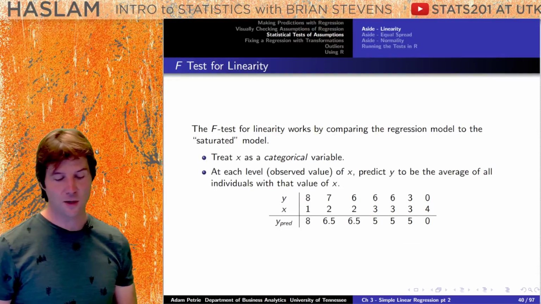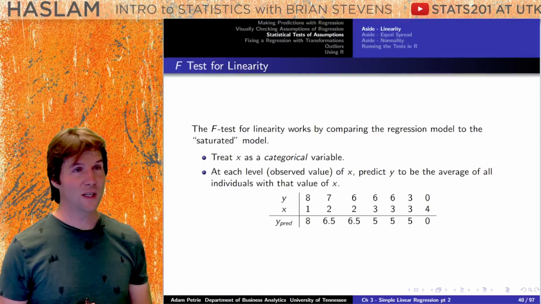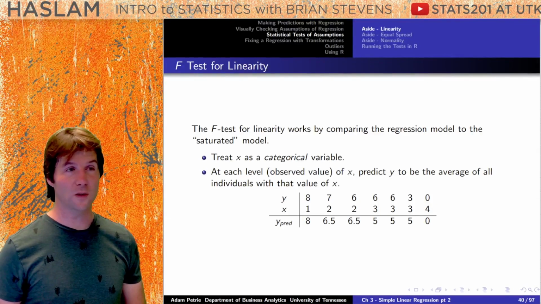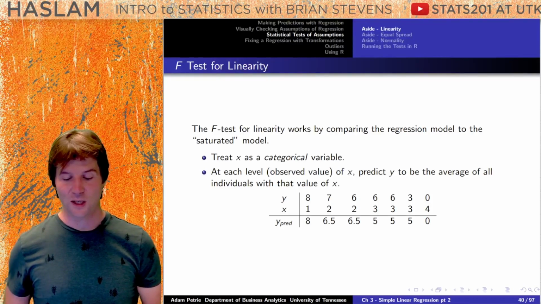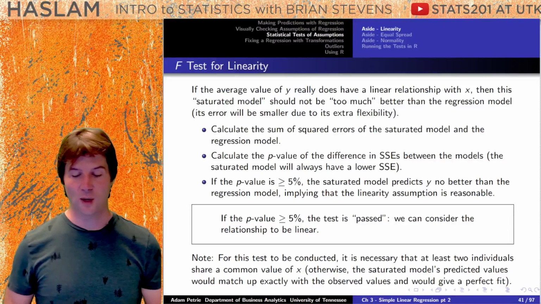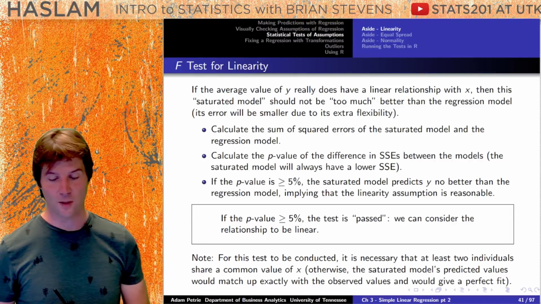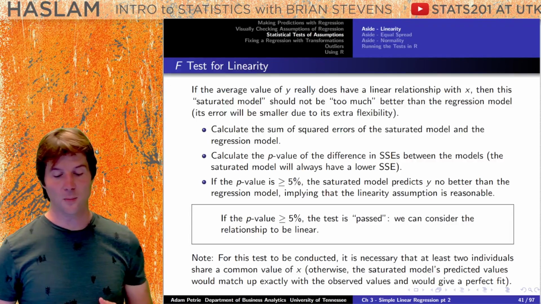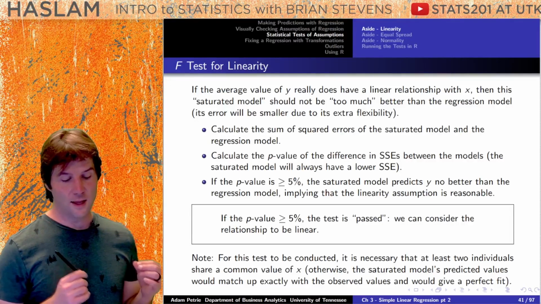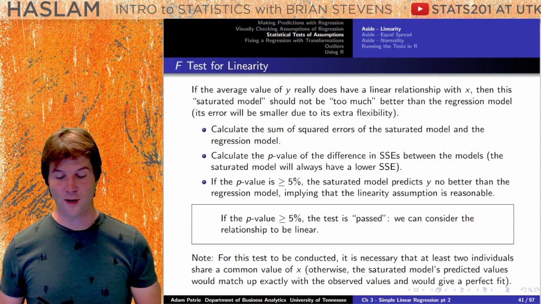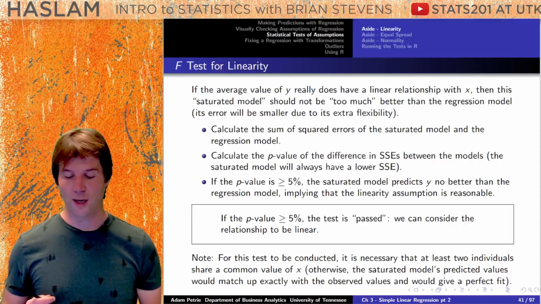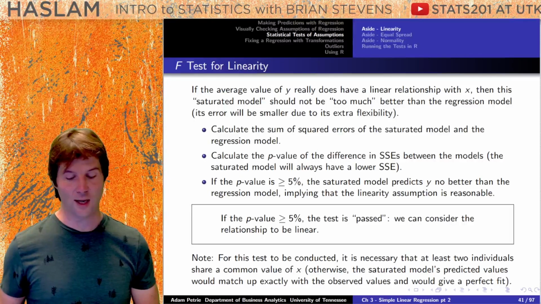So the test for linearity is going to try and see the linear relationship between the data and the predicted at all the values of x and the values of y, and see if we follow the linear pattern. It's going to calculate first the sum of squared errors of the saturated model and the regression model, calculate the p-value of the difference in the sums of squared error between the models, and then if the p-value is greater than or equal to 0.05, the saturated model predicts y no better than the regression model, implying that the linearity assumption is reliable.